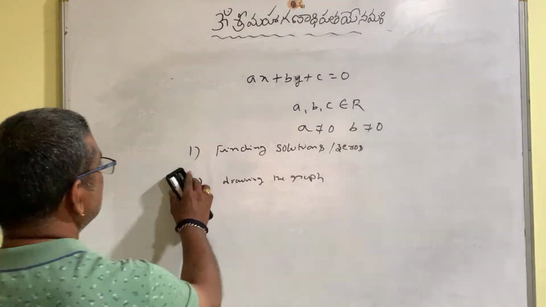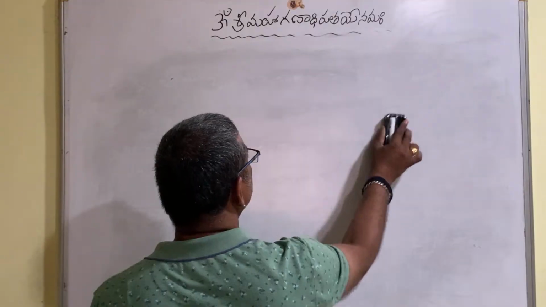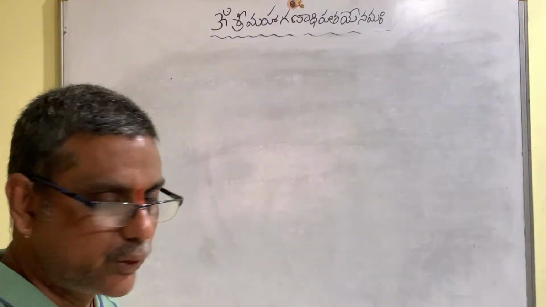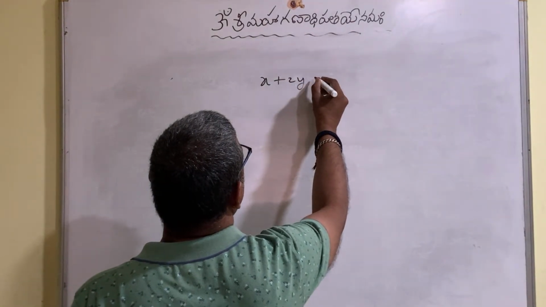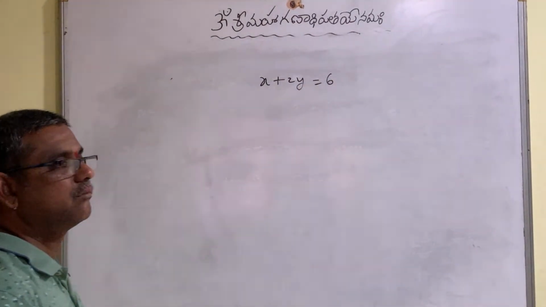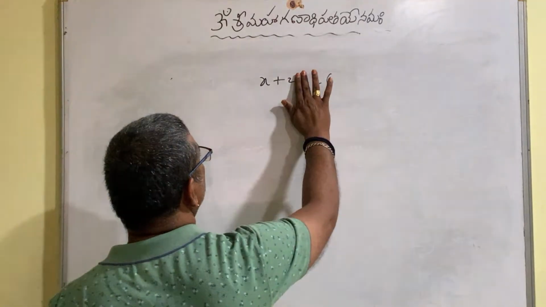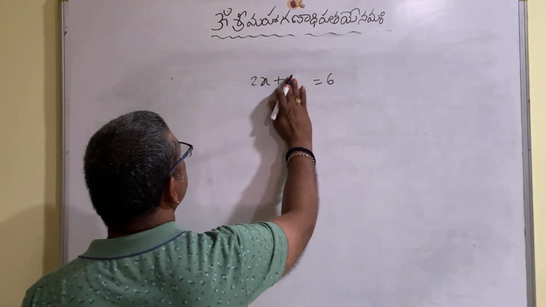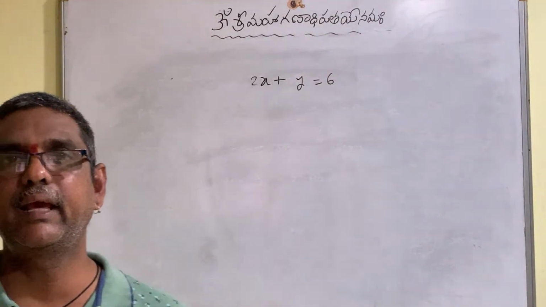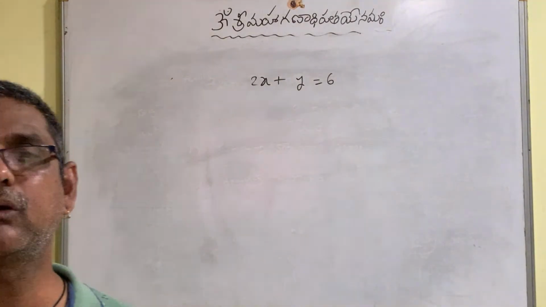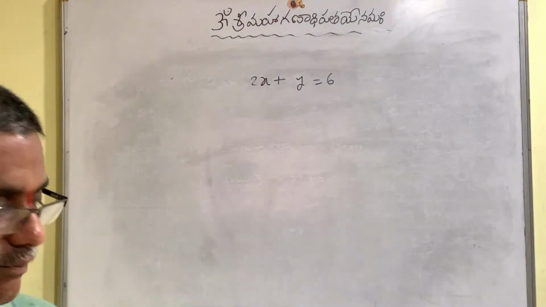Suppose an equation is given to you, x + 2y = 6, for example, or 2x + y = 6, a linear equation in two variables. How to find out the solutions for this?